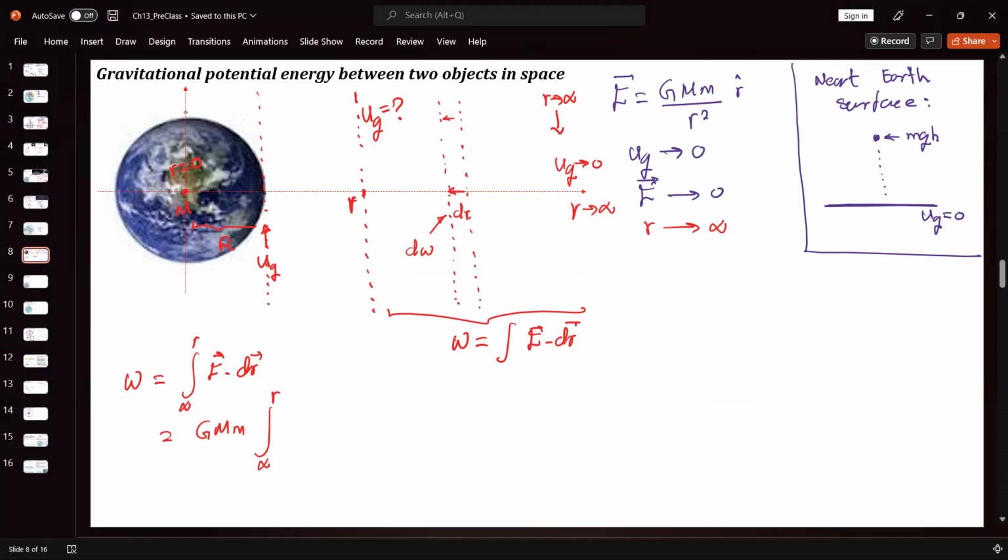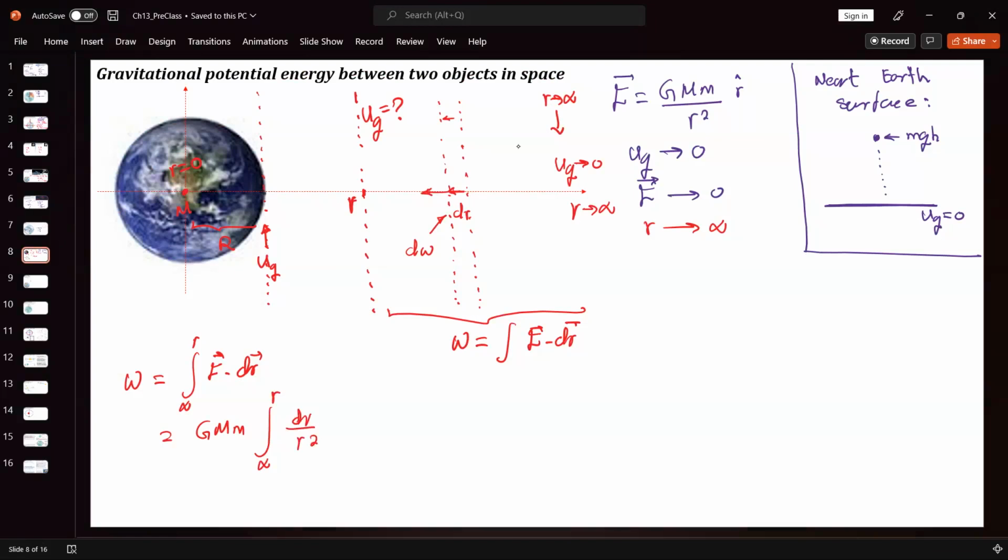The force is always towards this direction, and the dr is also towards that direction. So we will end up with dr over r squared.